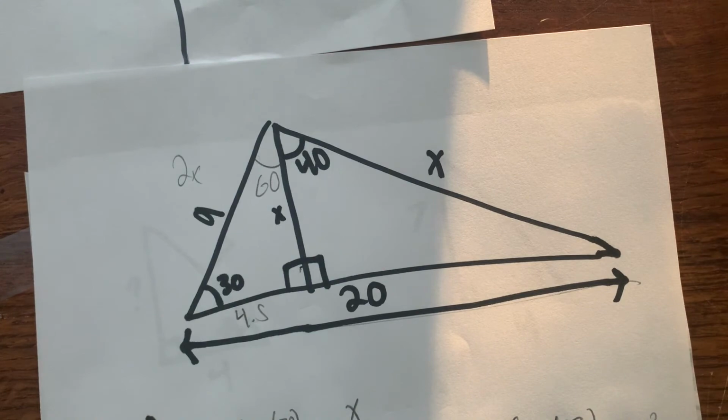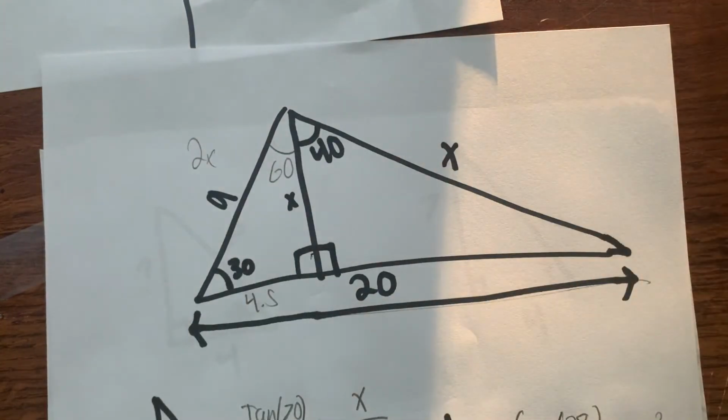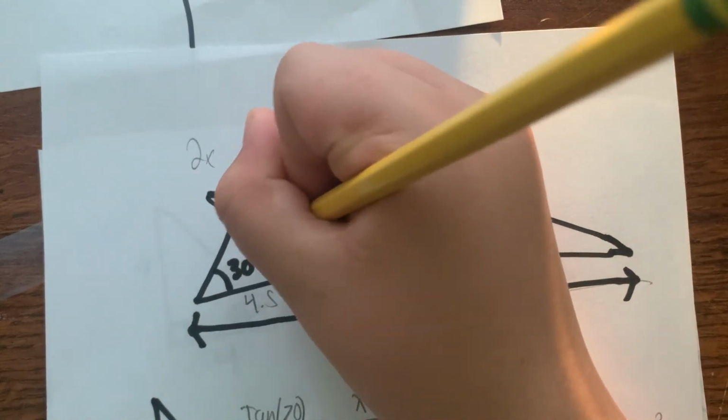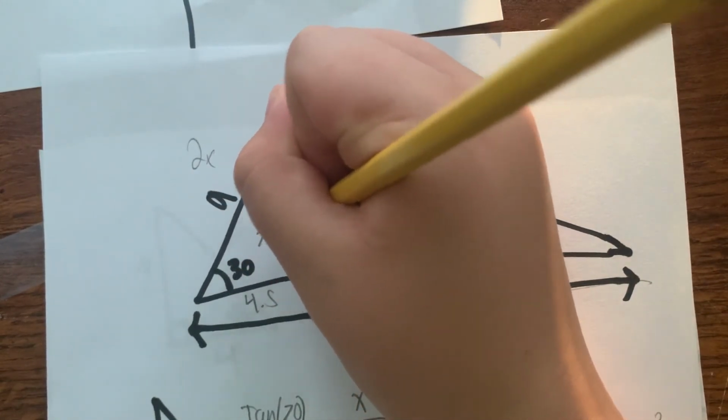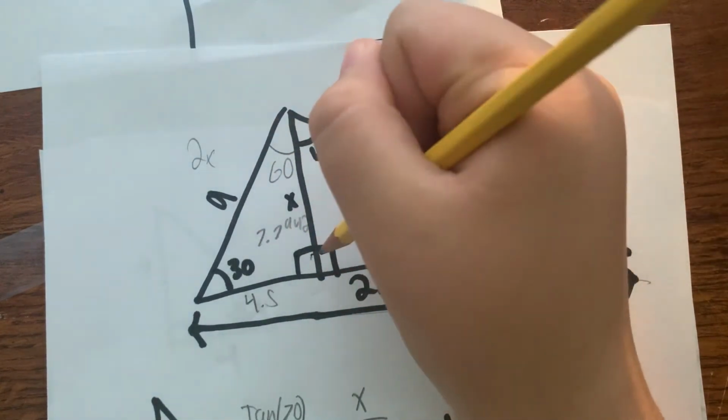You know the long leg on a 30-60-90 is x square root of 3. So our x is 4.5. We do square root of 3, which is 7.72. So you found out for that.